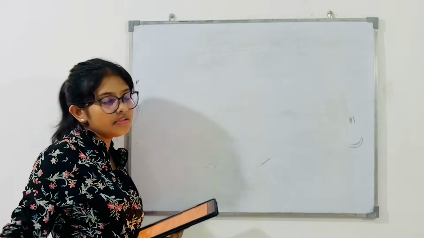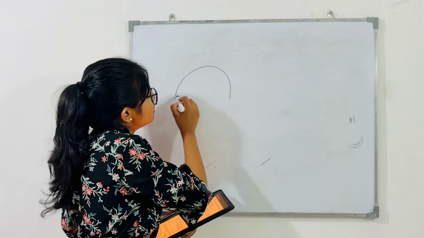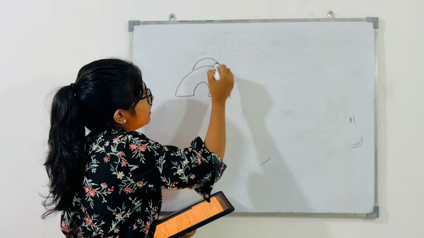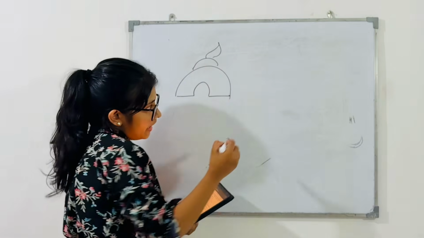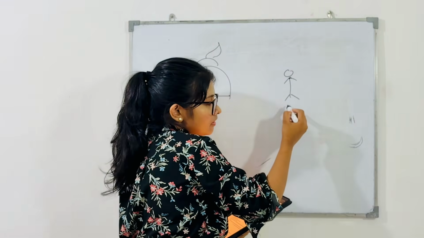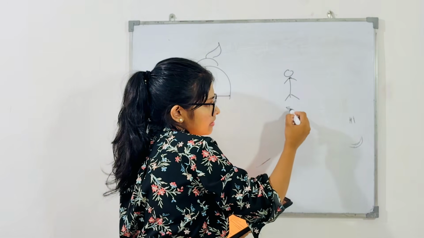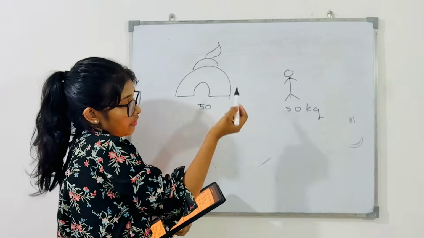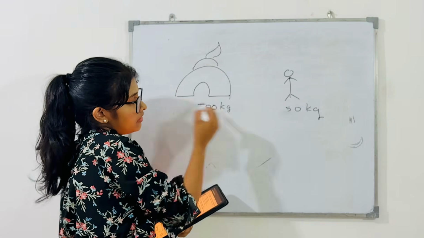Okay, think that there is an elephant. Like that. There is an elephant and there is a person. The weight of the person is, let's take 20 kilograms, and the mass of the elephant is 500 kilograms.